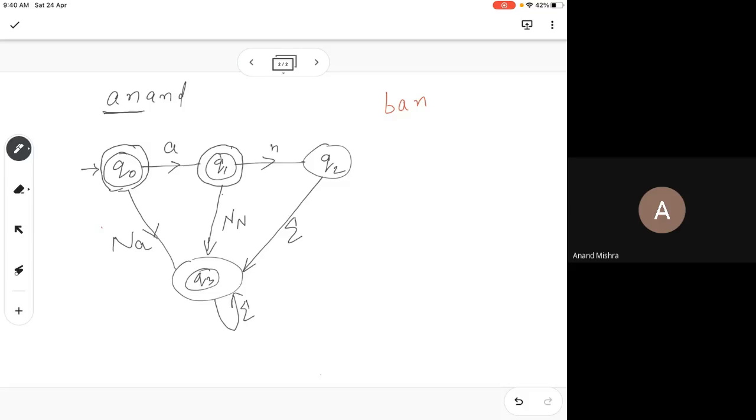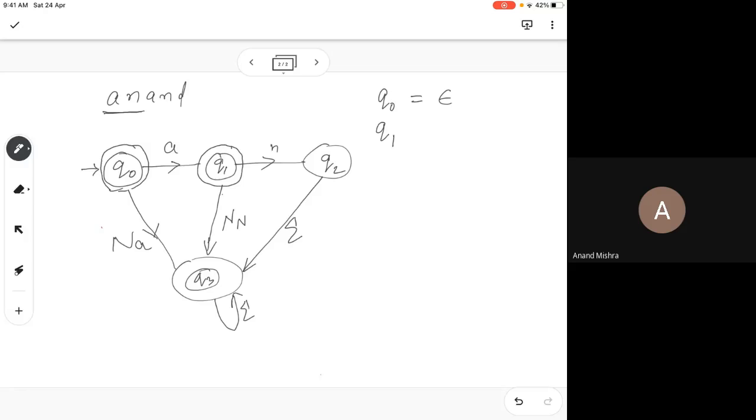Now we have to draw the regular expression for this. What is the rule for this? We have seen that we start by representing each of these states using their incoming transitions. For Q naught, there is only one incoming transition, that is from nowhere, so that is epsilon.